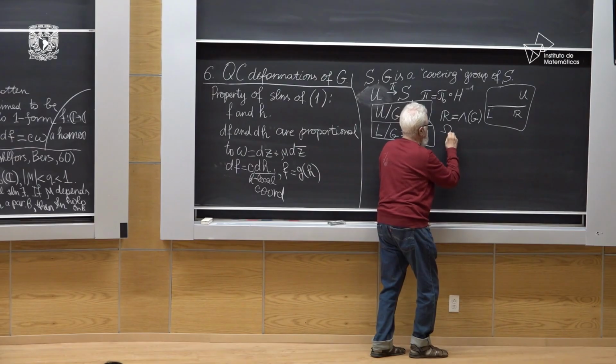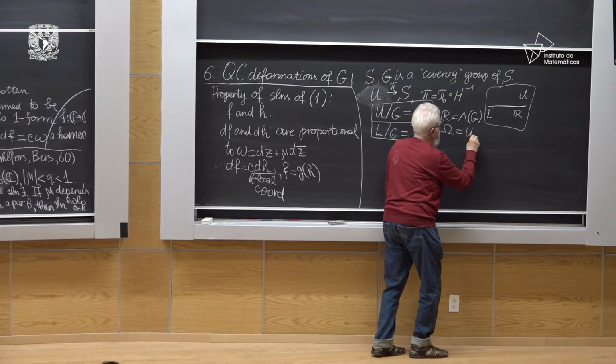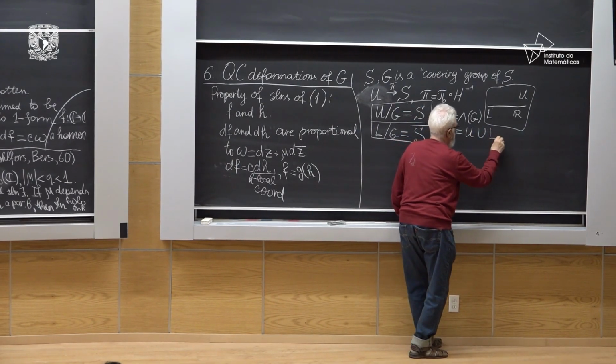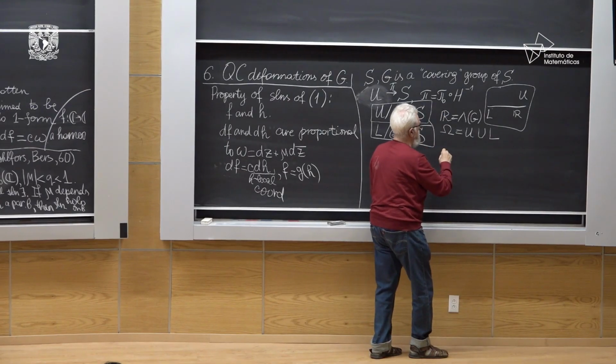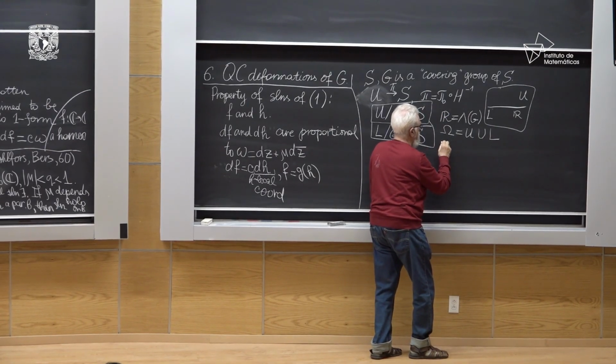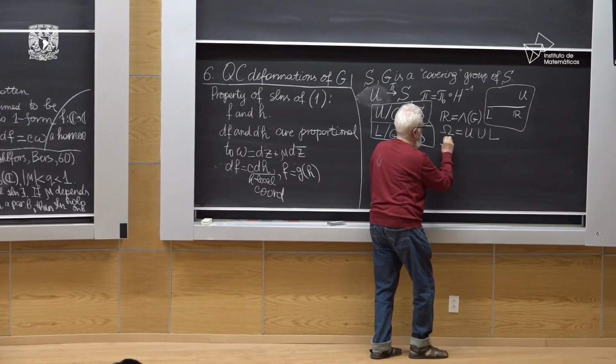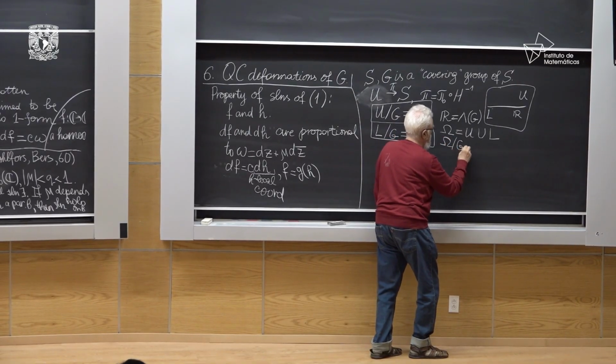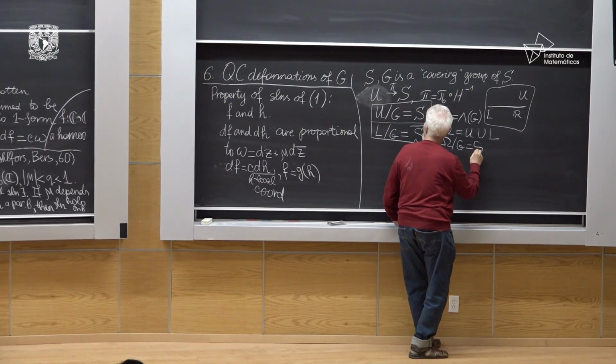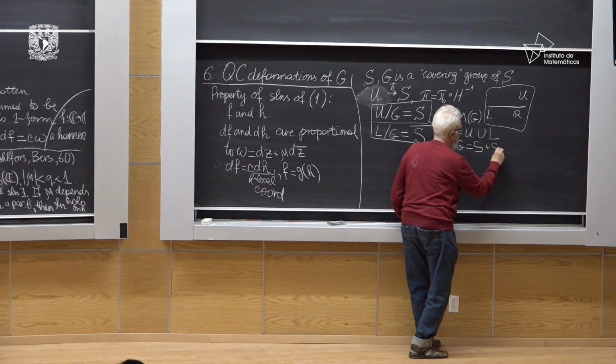And omega is the union of two half planes. And the factor space of omega over G is S plus S bar.